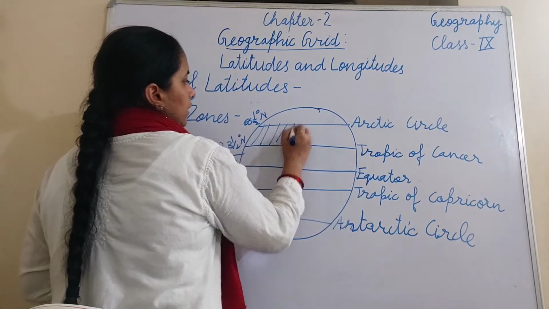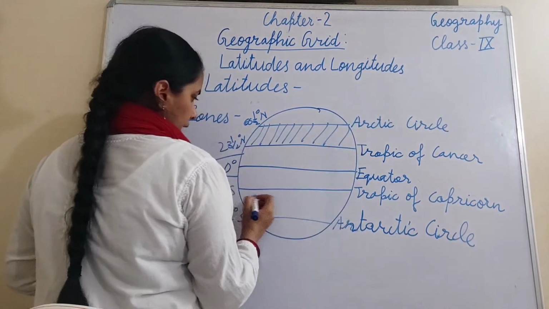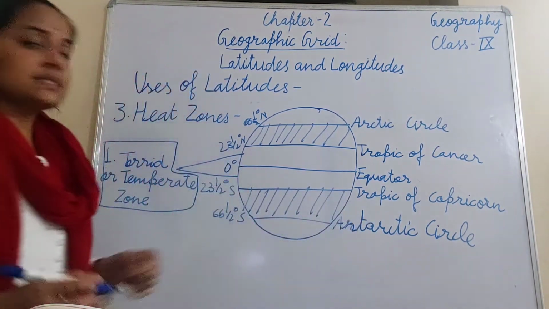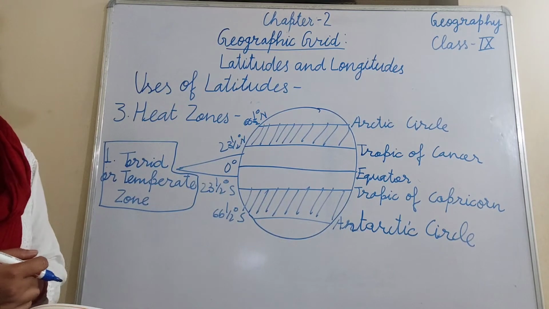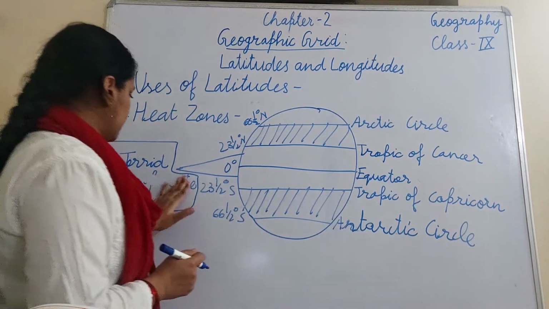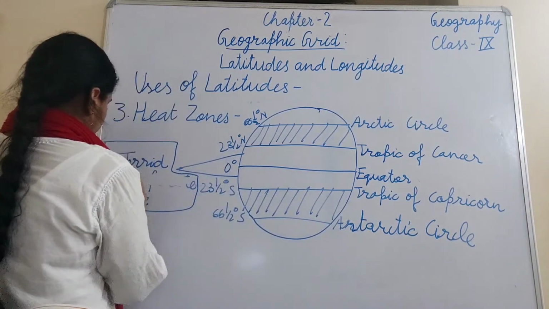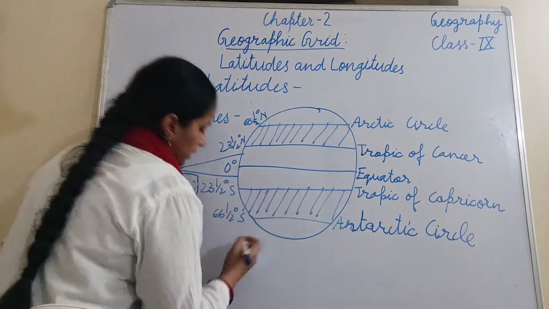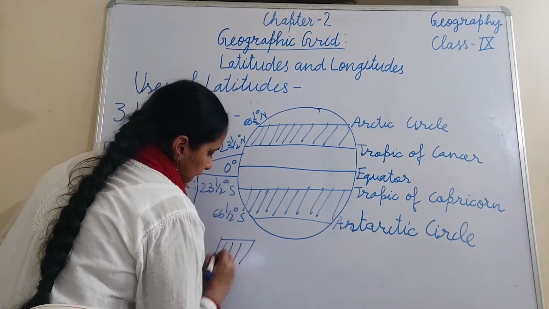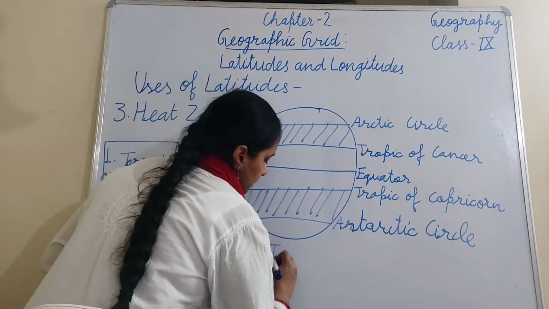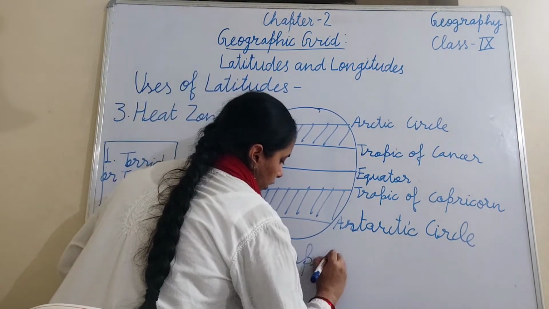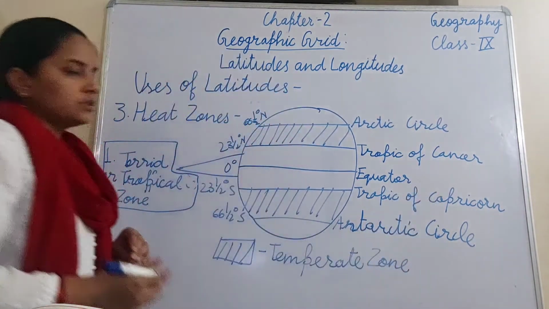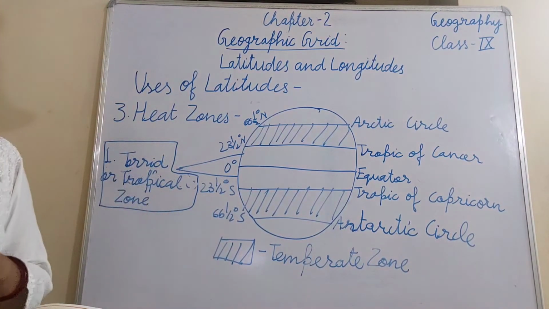This particular area and this particular area is known as the temperate zone. This is tropical. Now, what is the characteristic of the temperate zone?